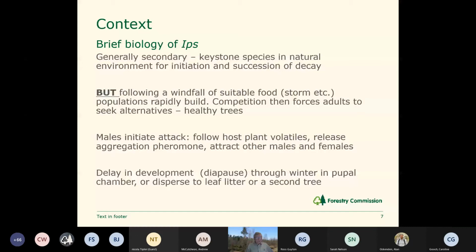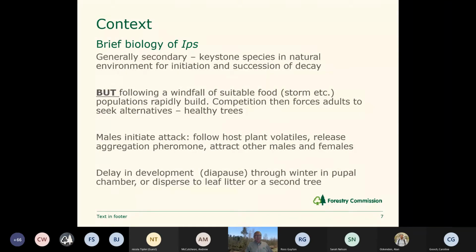My entomologist colleagues suggest it's a pretty lazy beetle, so the majority of the population won't often make efforts to go very far. So crawling down into a nice leaf litter layer is very appealing and very easy, and that has implications for how we manage and consider any infestations.